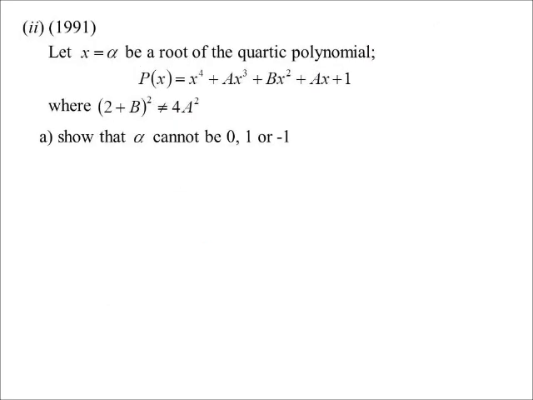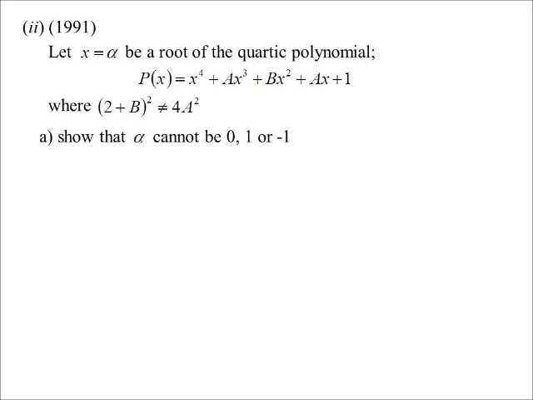Here's a nice one, 1991. What's really cool about this one is it has a couple of niceties. Niceness, is that a word? But you'll notice the year, 1991, which of course is palindromic. And you look at the coefficients of our polynomial, and it goes 1, a, b, a, 1, which is also palindromic.